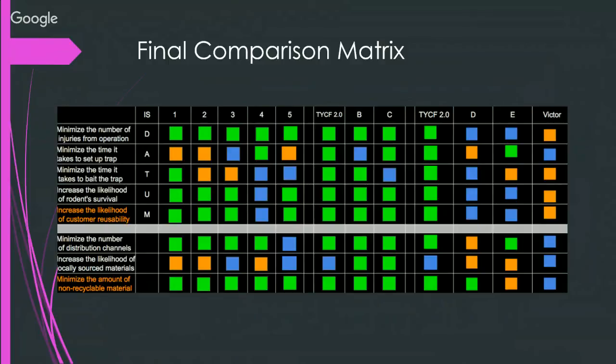Also, at the very end, you compare your new product to the old industry standard. In this case, it happened to be the Victor mousetrap, the most simple mousetrap that comes to mind. So once you compare it, then you can further your process even more.